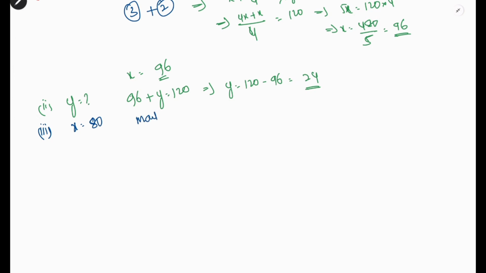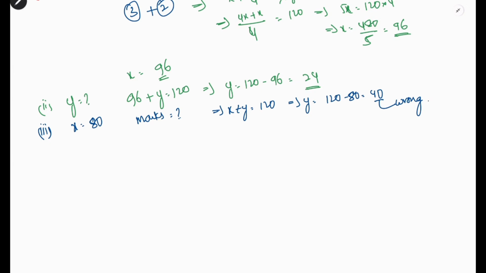We know the total number of questions is 120, so x plus y is 120. What is the y value? It is 120 minus 80, which is 40. So he answered 40 questions wrong.